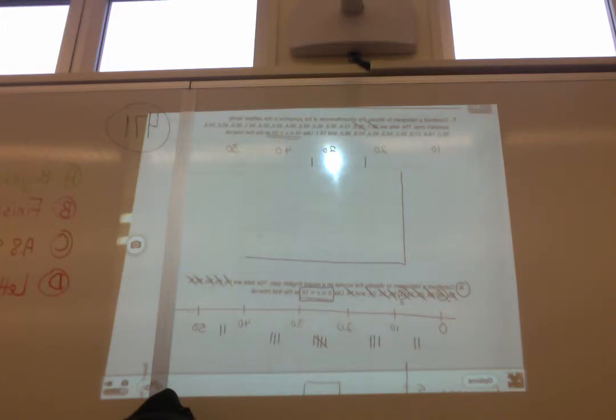So you can think of this one as really 30 to 39 fits in here, but 40 is the start of the next group. Do you understand how we're starting?